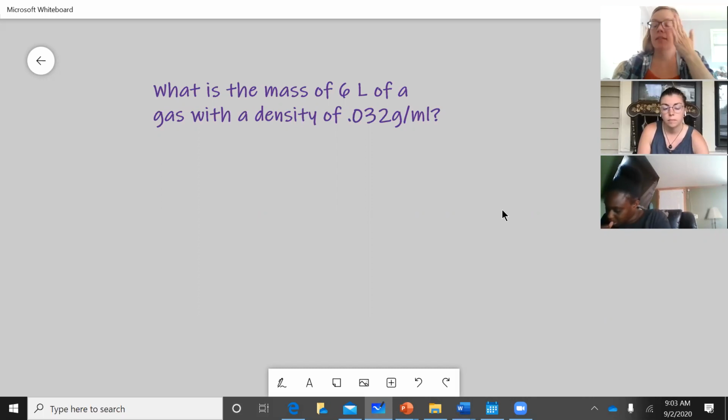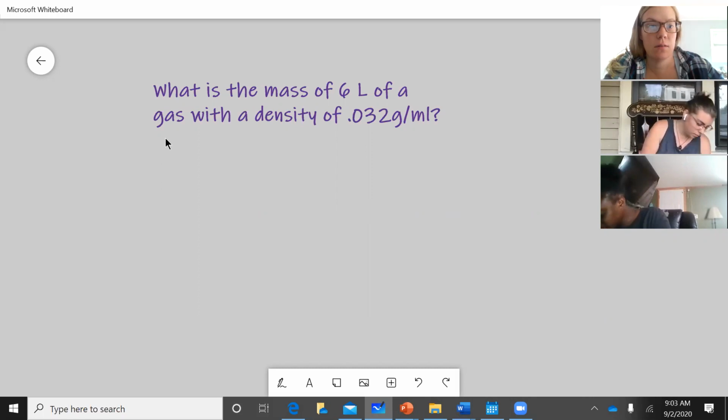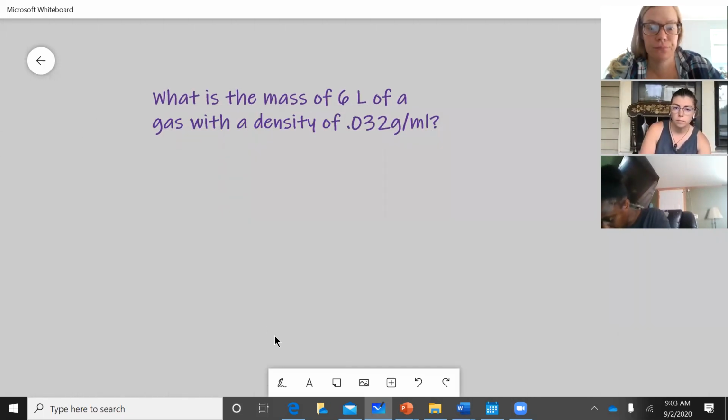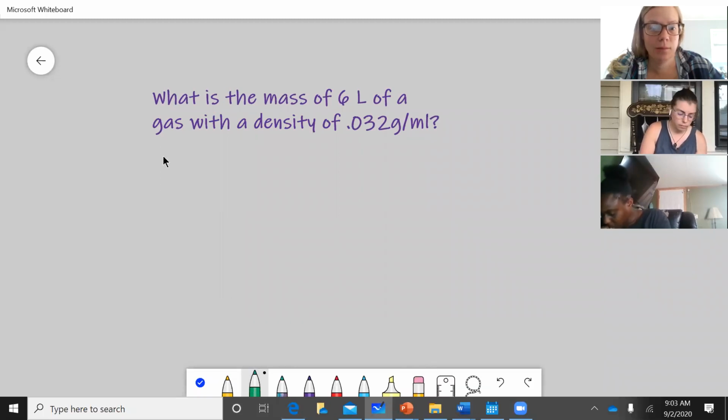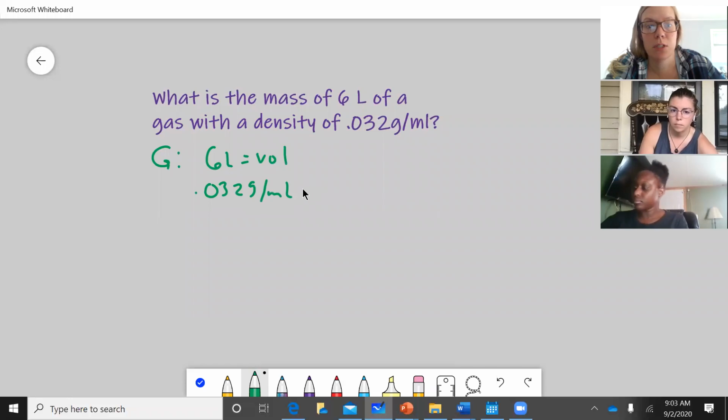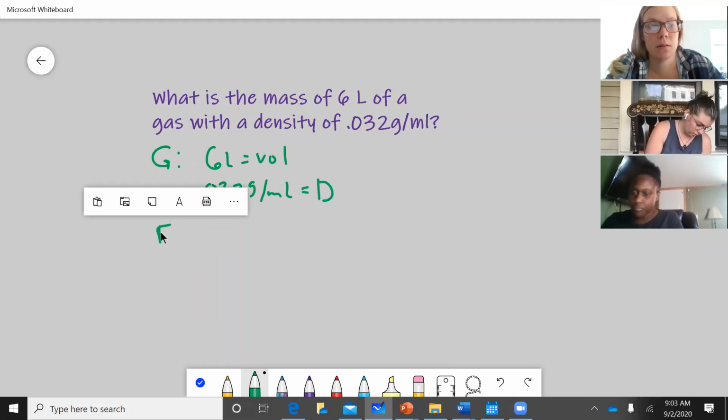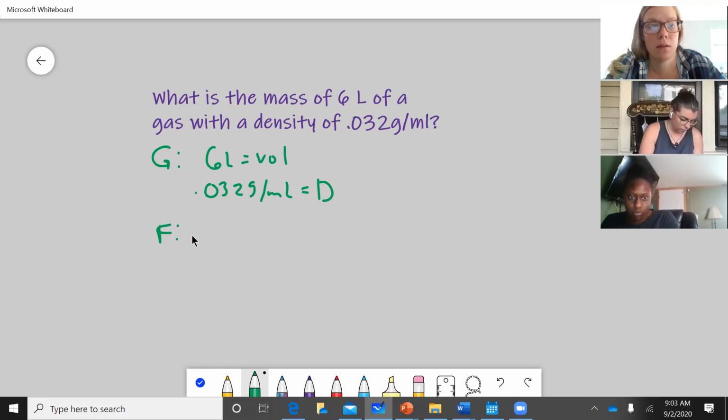All right. So this one seems like a relatively straightforward density problem. Given I have 6 liters, which is talking about volume, I have 0.032 grams per milliliter, which is talking about density. I'm trying to find my mass.